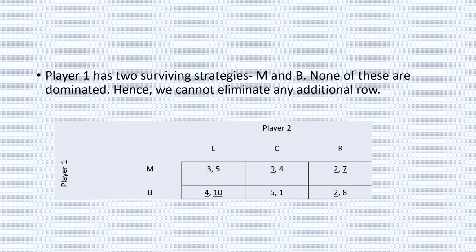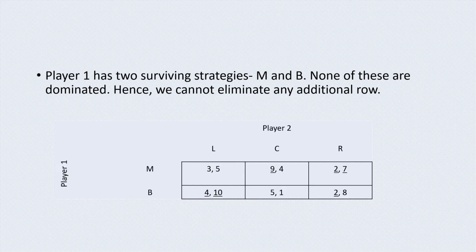Player 1 now has two surviving strategies, M and B. So let us compare M and B and check if either of them is a dominated or a weakly dominated strategy.